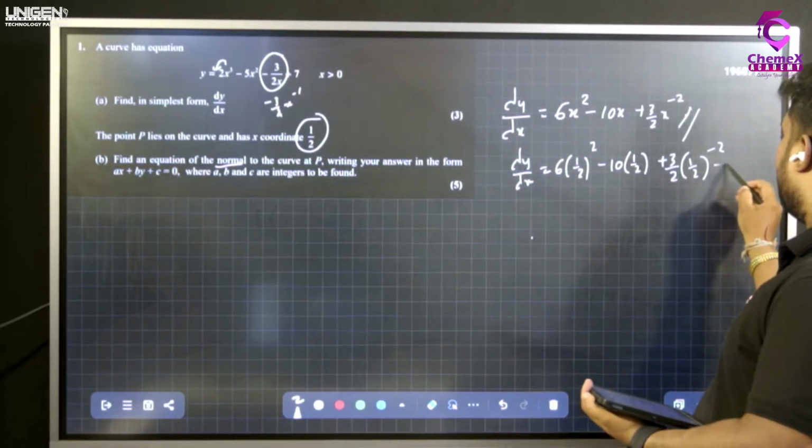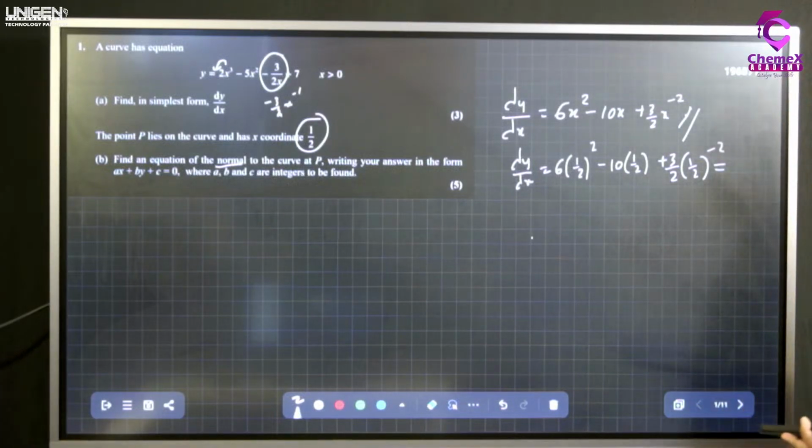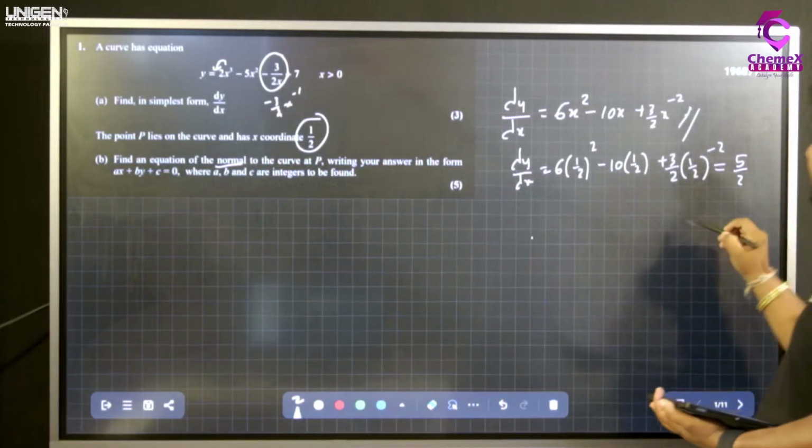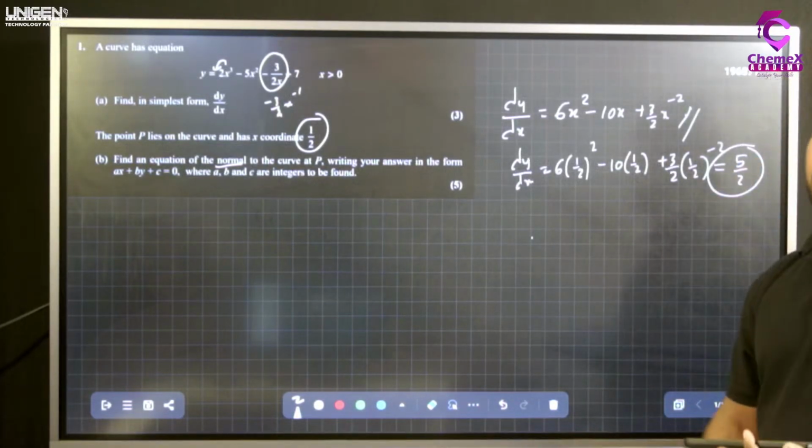The whole answer is equal to what? At x half, you get 5 over 2. So you know this is what?